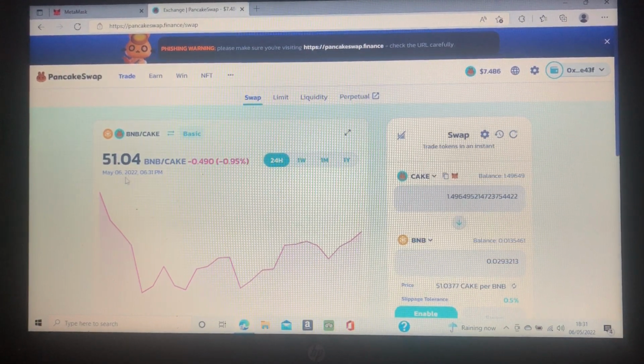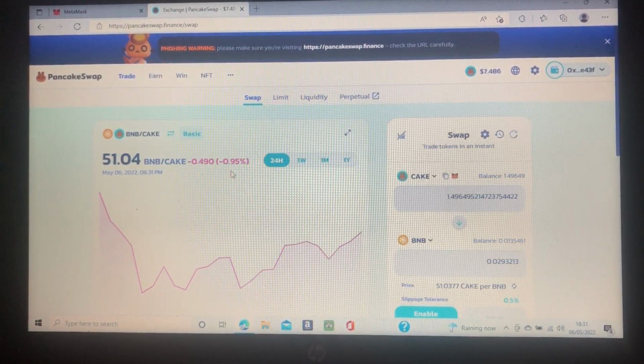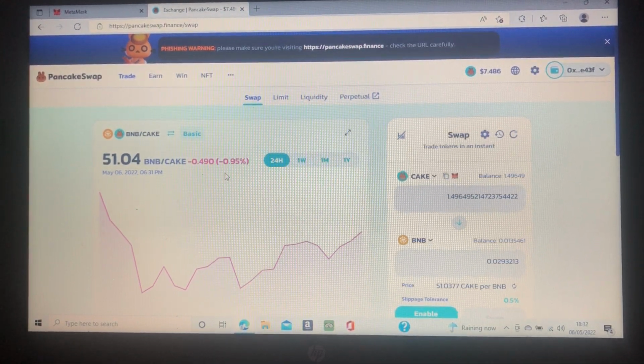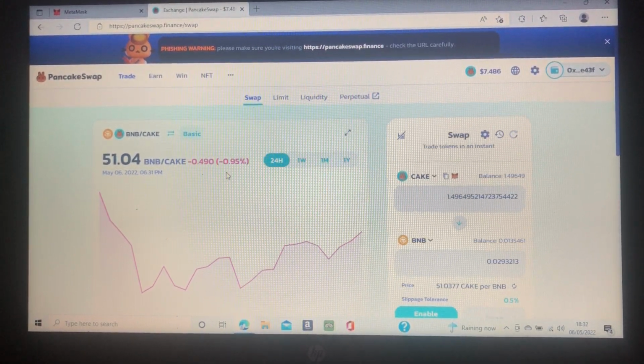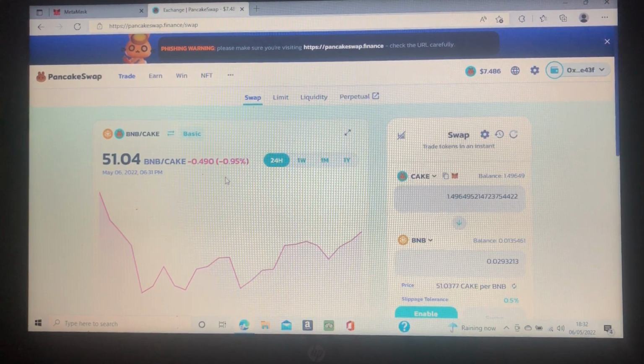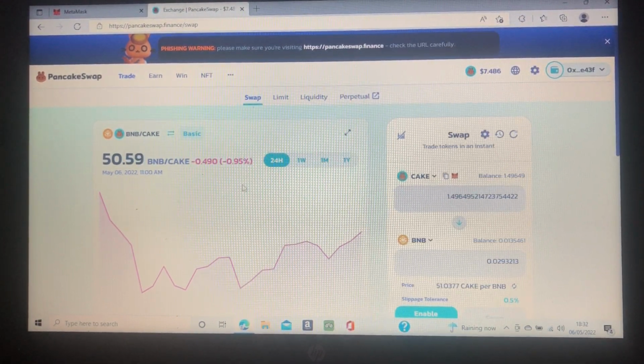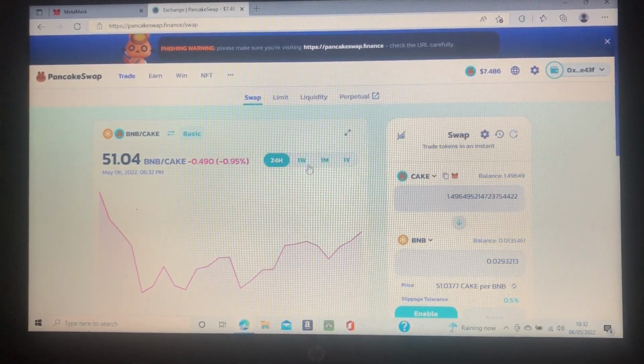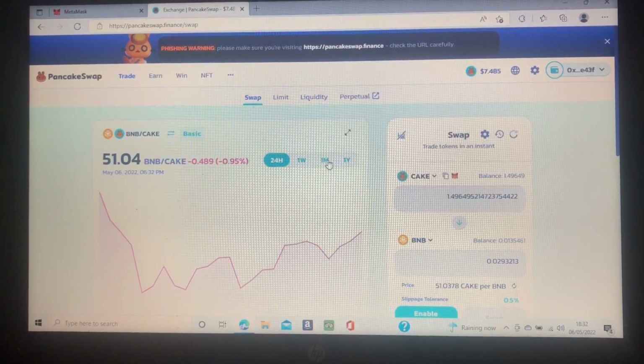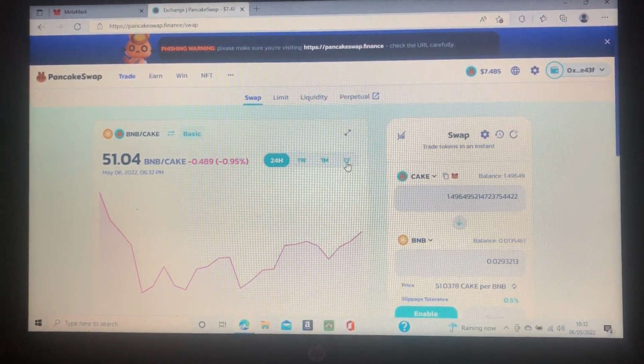There are dates here and time, so you could check, and the percentage increase is even showing negative. So it shows that generally the BNB cake trading pair is bearish. I've mentioned that these are time frames: 24 hours, 1 week, 1 month, and 1 year.